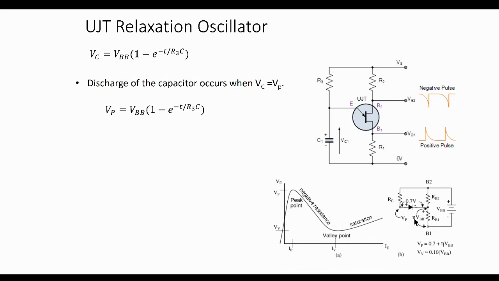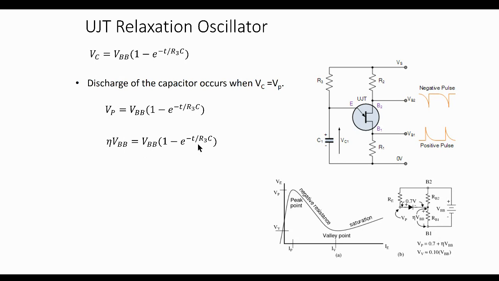So we can make that substitution, but for the purposes of this calculation, making it simple, we can assume that the voltage across the diode here is 0. So we assume an ideal diode, and we will eliminate the 0.7. So what you have here is just the standoff ratio multiplied by the interbase voltage.